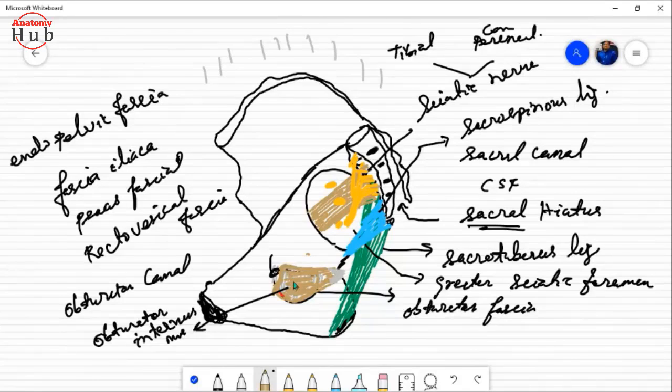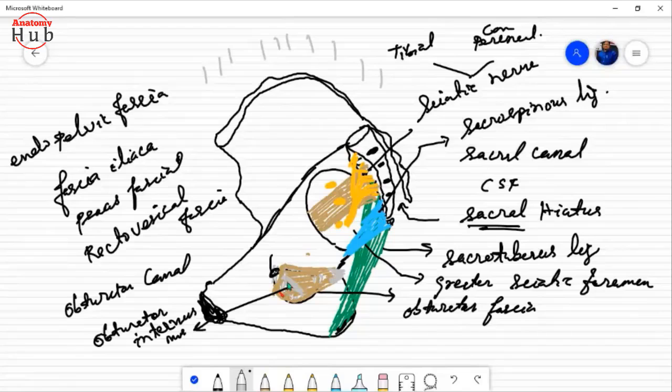As I told you, that fascia is the obturator fascia, right. So in the obturator fascia, there will be a thickening. I will draw it in another color. Here you'll find the thickening of the obturator fascia.